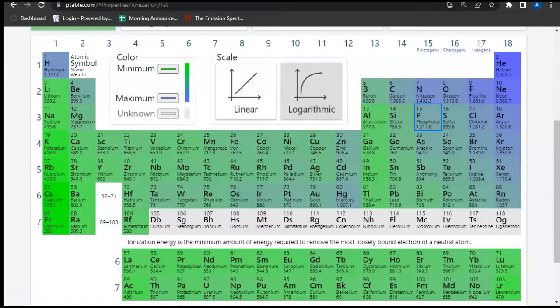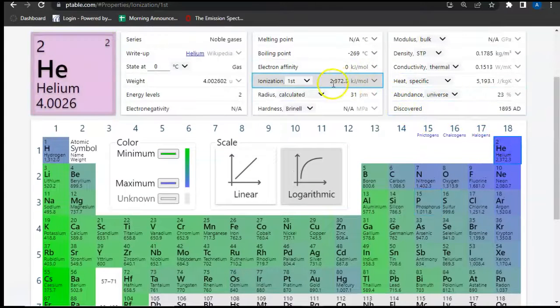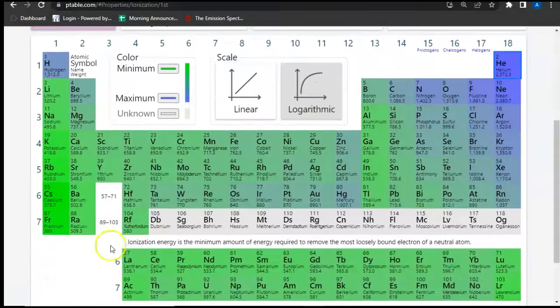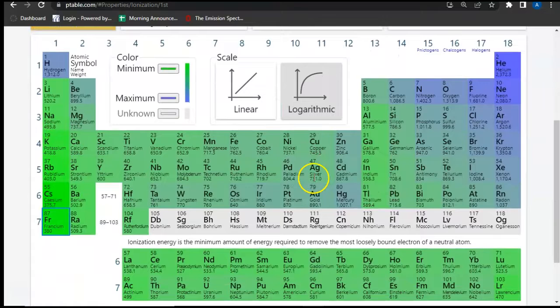Helium has a larger one. It's going to be a lot harder to take helium's electrons away. And we can actually put numbers to that. You look at helium, it's 2,372, whereas francium is only 380. Again, that's how much energy it takes to remove an electron.